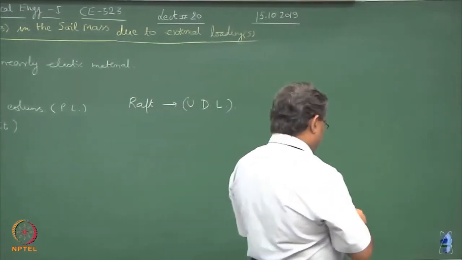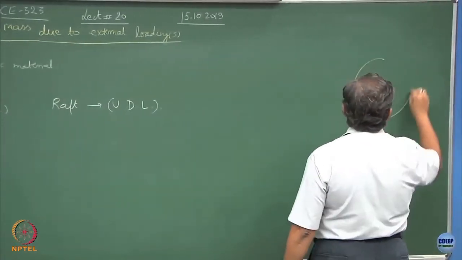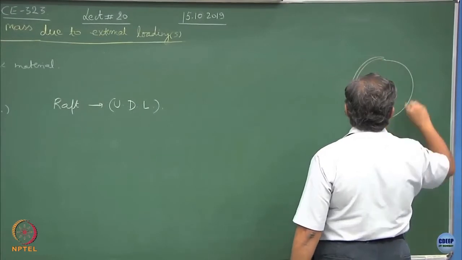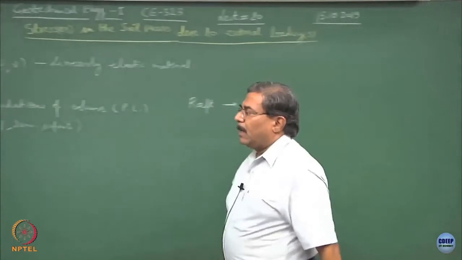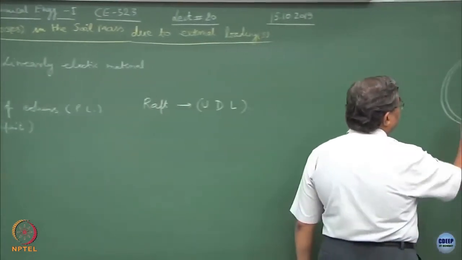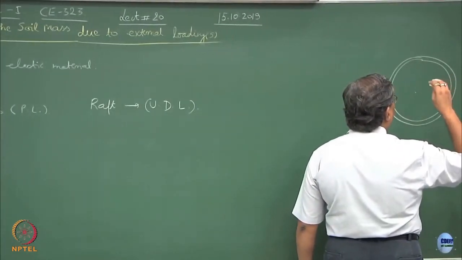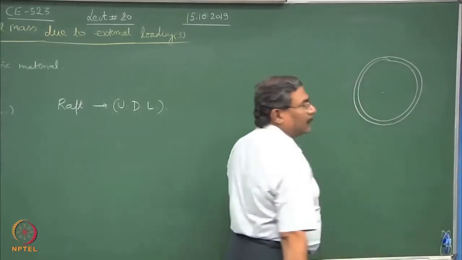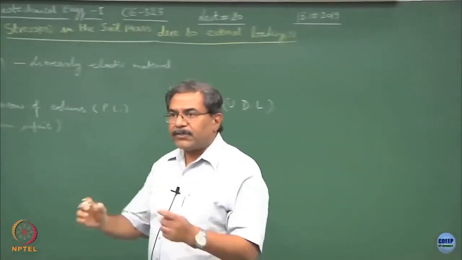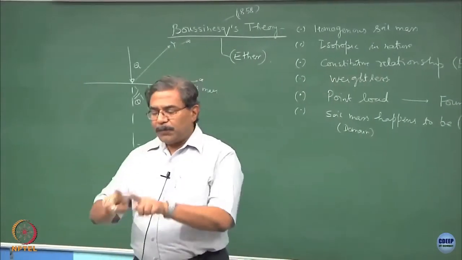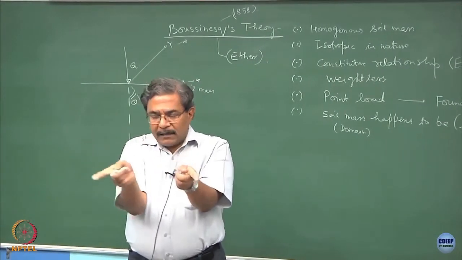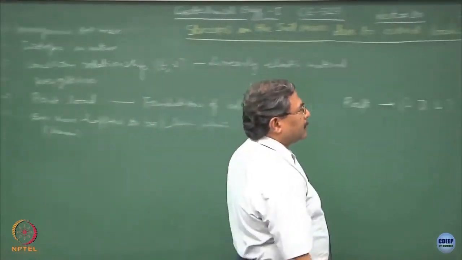So, suppose I give you a ring of finite thickness, and suppose this is a pipe which is carrying some fluid, and if I ask you to show the annular stresses, we call them hoop stresses. So, hoop stresses will be acting in the periphery, the circumference, alright.